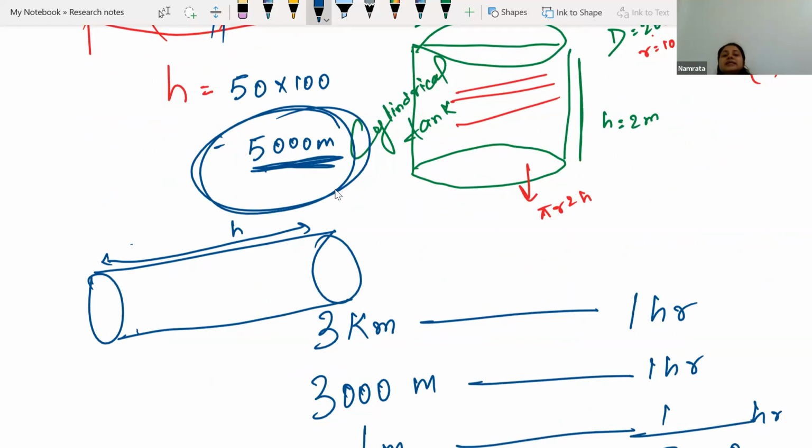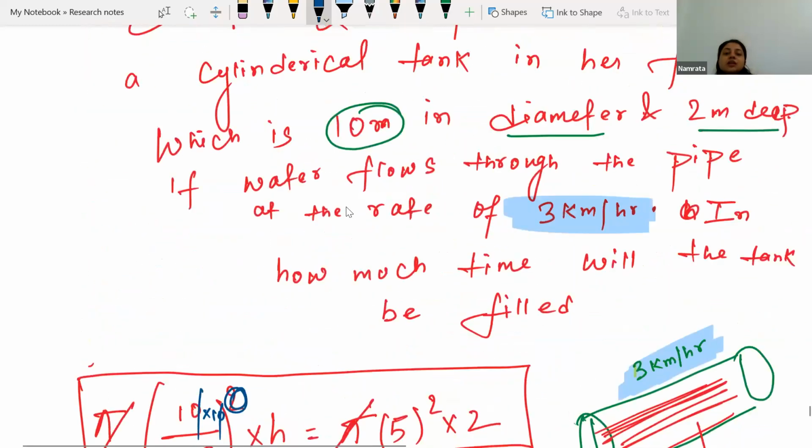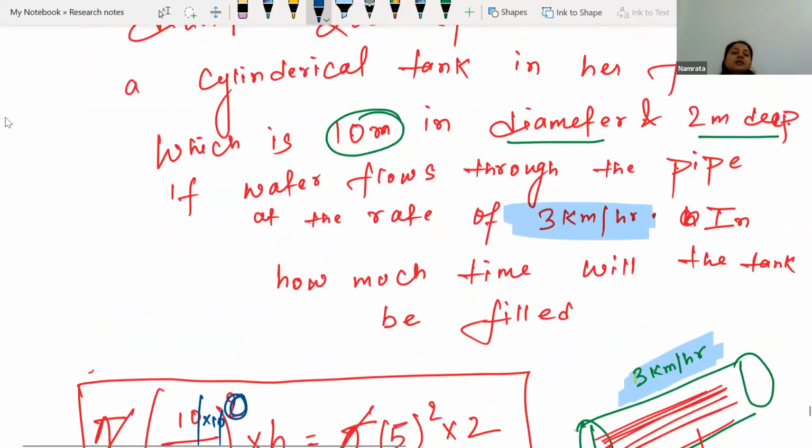So when the distance covered by the water will be 5000 meter, then only the cylindrical tank will get totally filled. One piece of information is given for that, that is, water is flowing at the rate of 3 kilometer in 1 hour.